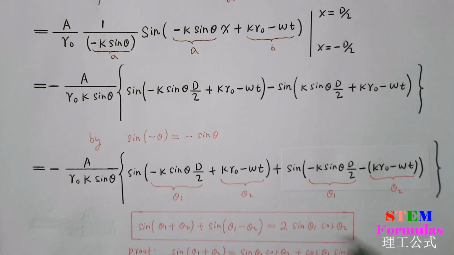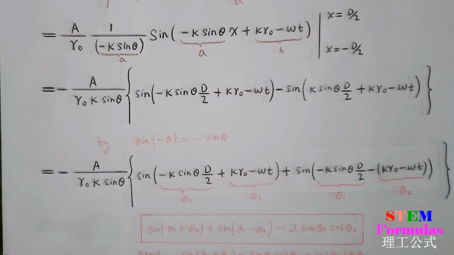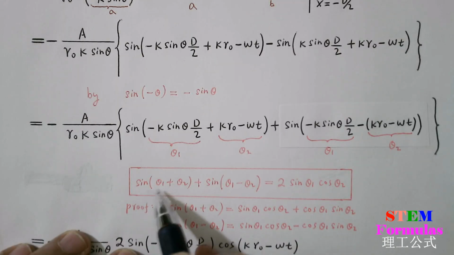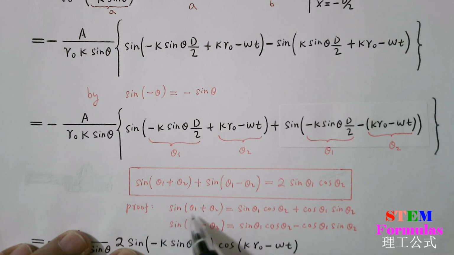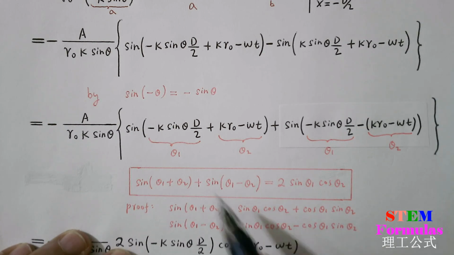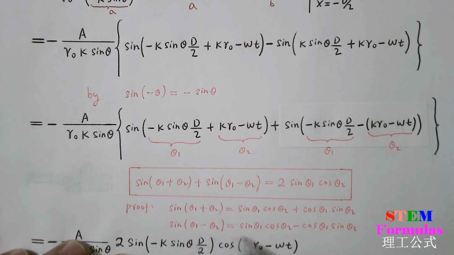If you're not familiar with this identity, I can prove it easily. This is the sum of sines: the sine of the angle sum equals sine theta 1 cosine theta 2 plus cosine theta 1 sine theta 2. And this term is sine theta 1 cosine theta 2 minus cosine theta 1 sine theta 2.